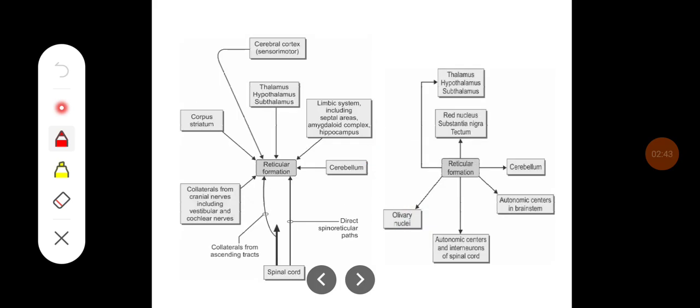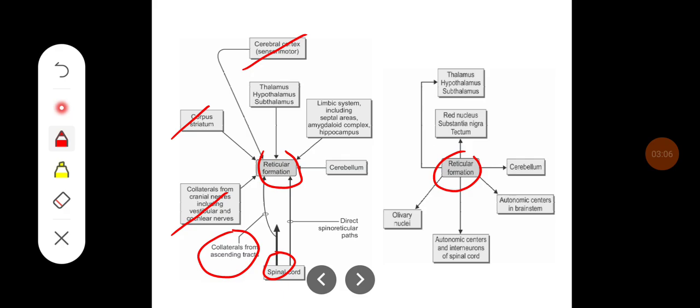These are the afferents and efferents to the reticular formation. So these are some of the afferents, which are mainly through the spinal cord and collaterals from the ascending tracts. Then there are also collaterals from cranial nerves, including vestibular and cochlear nerves, corpus striatum, and cerebral cortex. Then thalamus, hypothalamus, and subthalamus.